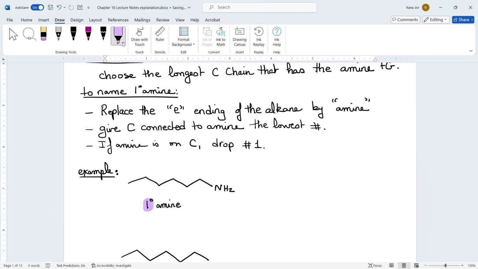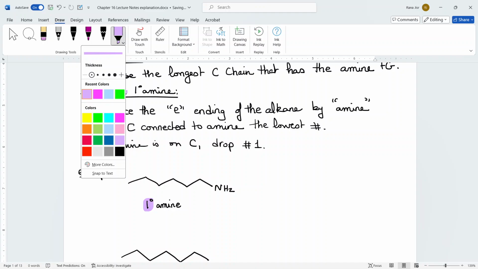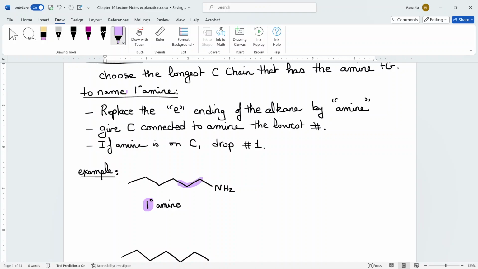So to name a primary amine, we are going to choose the longest carbon chain that is connected to the nitrogen. I said the carbon chain. And make sure that that carbon chain basically includes all the carbons that you can fit in there, and especially the ones that are connected to the nitrogen.